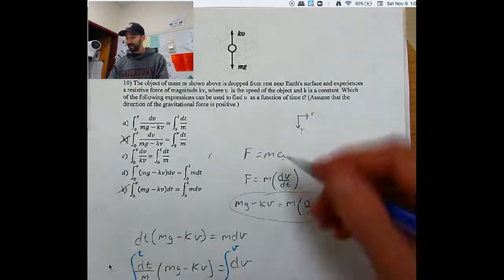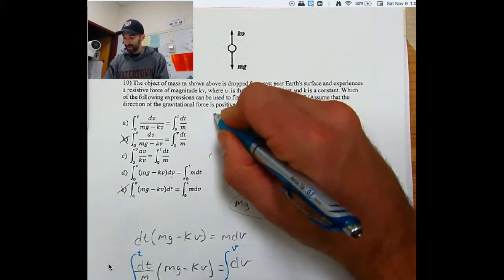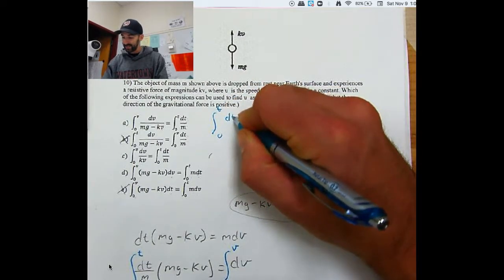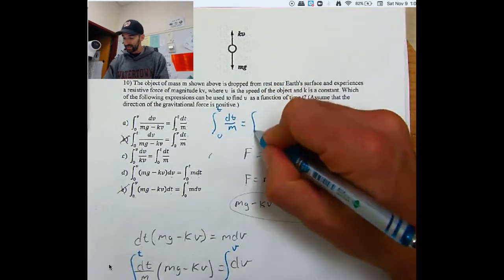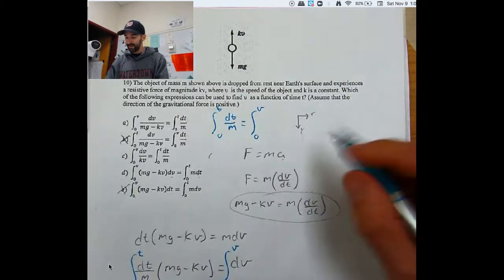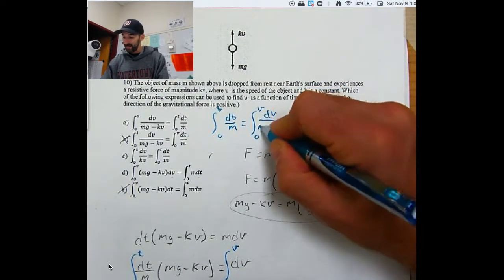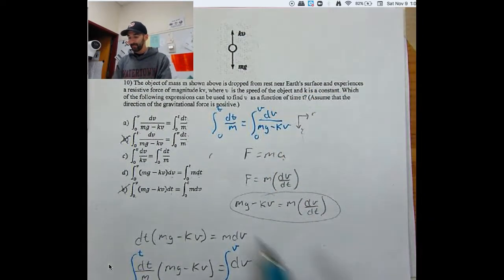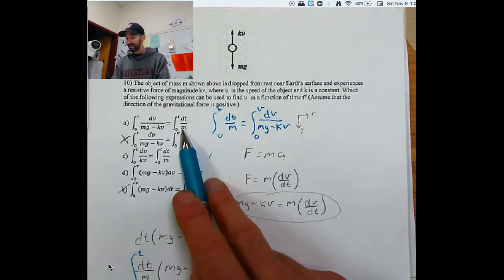When I compare, I will write my final answer up here. The antiderivative from 0 to t of dt divided by m, perfect, equals the antiderivative from 0 to v of dv divided by (mg minus kv). dt over m, dt over m.